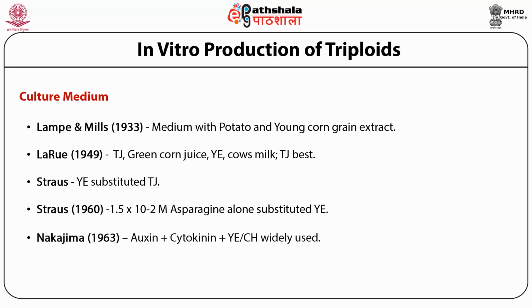And Nakajima in 1963, with a detailed experiment on the nutrient requirement, established that a medium containing auxin, a cytokinin, and an organically rich compound like yeast extract and casein hydrolysate is necessary. And this is the medium that is widely used.